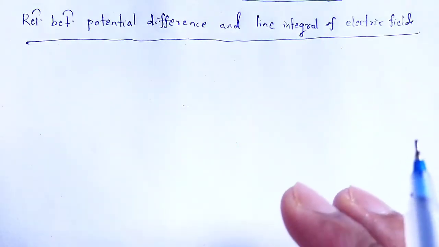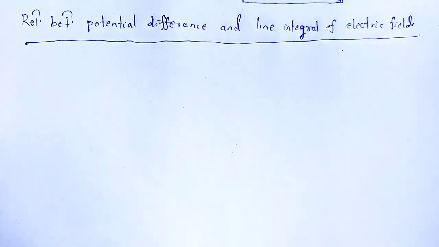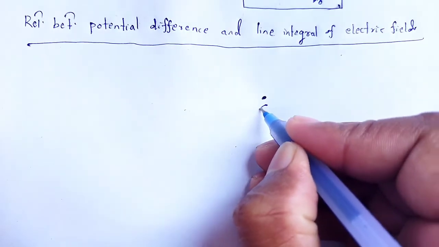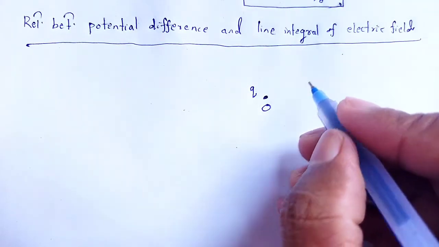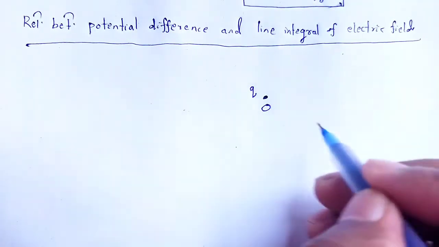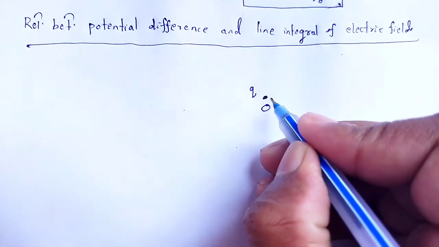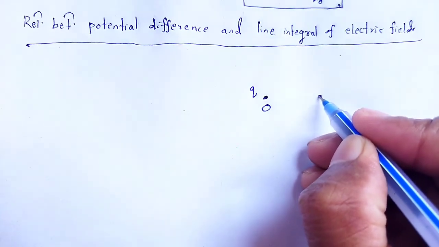Let us move a test charge. We have to take 2 points. Here we take the charge Q, which is stationary at point O, and consider an electric field E. In that electric field, we have 2 points.